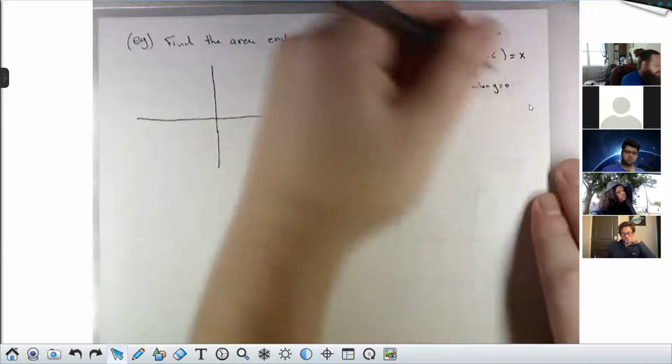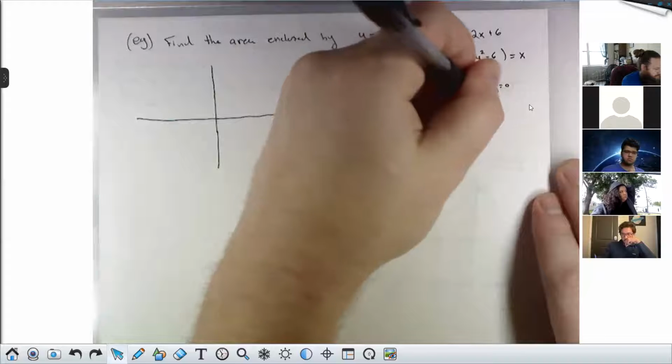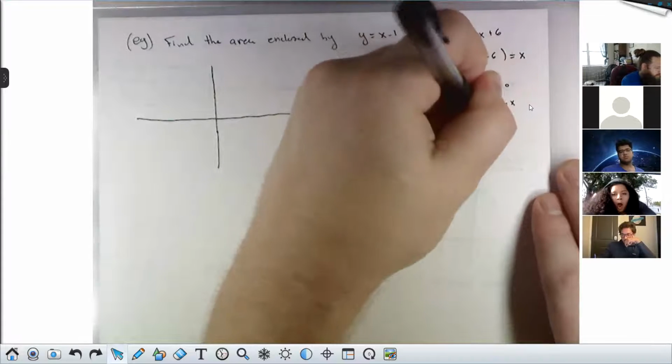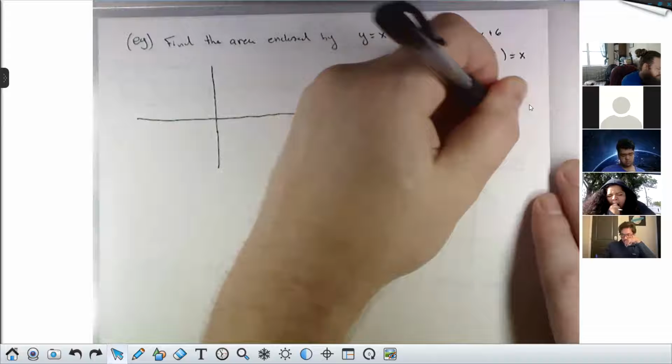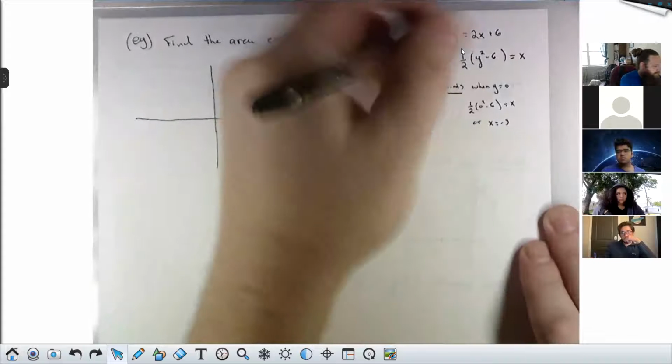When y is equal to 0, what do we get? We get 1/2 times 0 squared minus 6 equals x, which is the same as saying x equals -3. So the point -3, 0 is on the graph, and that's actually going to be your vertex, right? Another way to say this, you can put this into vertex form.